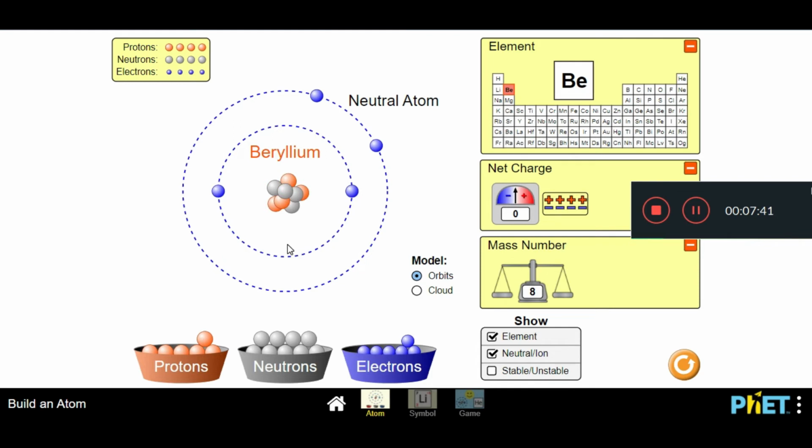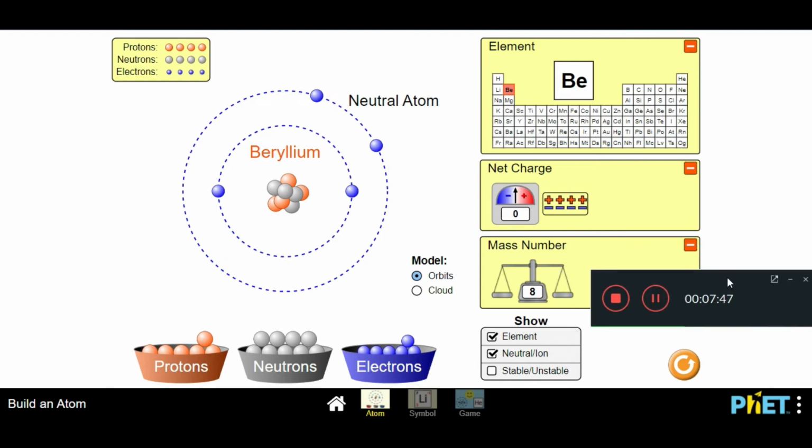Correct. The element is still the same, still beryllium. So our assumption before, that the element name only depends on the proton, seems correct. When I add one more neutron, it doesn't change the element name, still beryllium. The net charge is still the same.